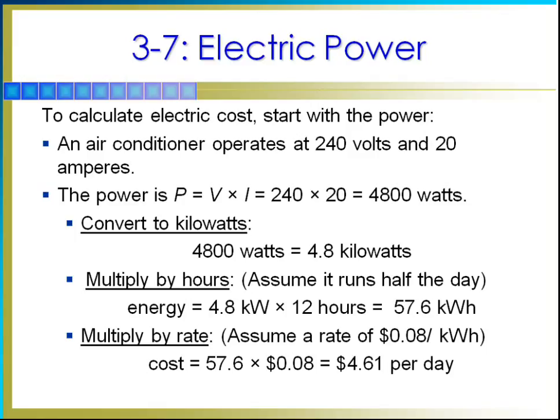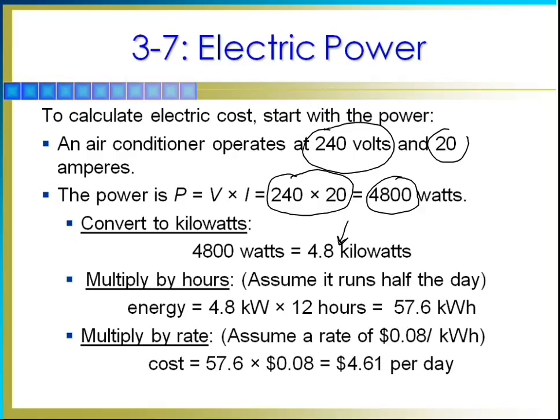So in this case, I've got a 240 volt item with a current flow of 20 amps. Well, the power rating for this item is voltage times current, so 240 volts times 20 amps, or 4,800 watts, converting that to kilowatts, 4.8 kilowatts.